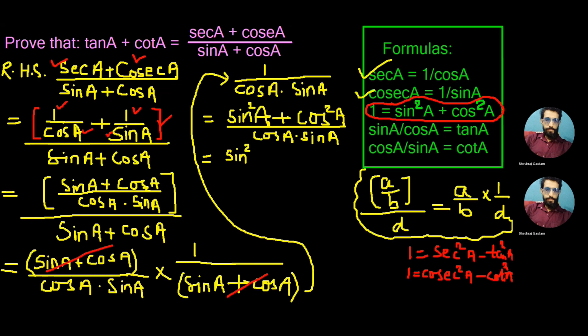Now we write this as sin square A divided by cosA into sinA, and next we write cos square A divided by the same denominator, and this is allowed by mathematics.